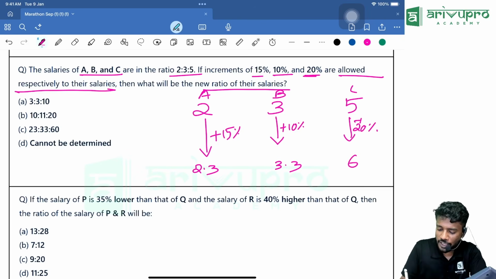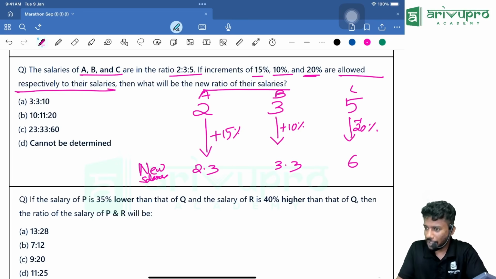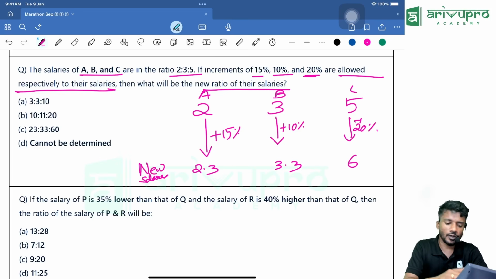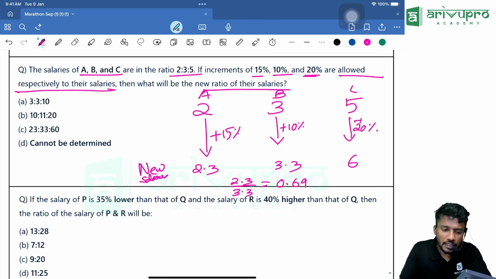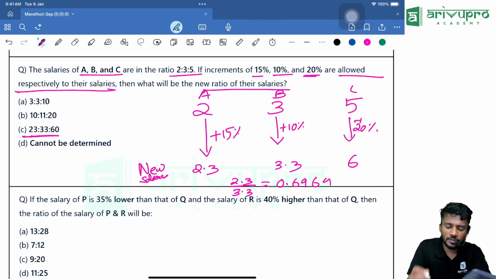So now the new salary ratio is 2.3, 3.3, 6. Now, just take 2.3 divided by 3.3. How much is it? 0.6969. Now check which option is giving you 0.6969.